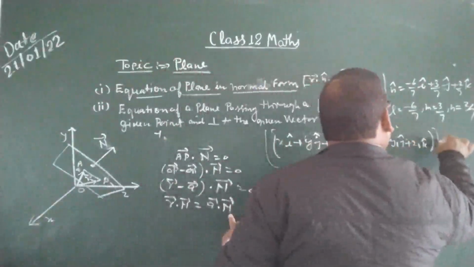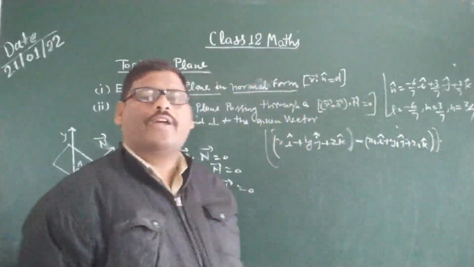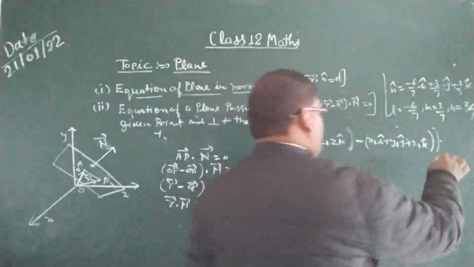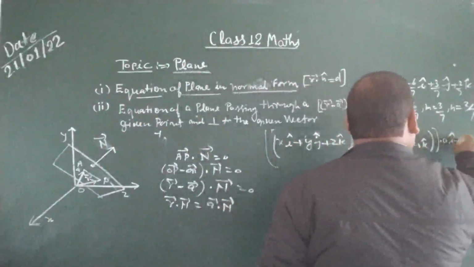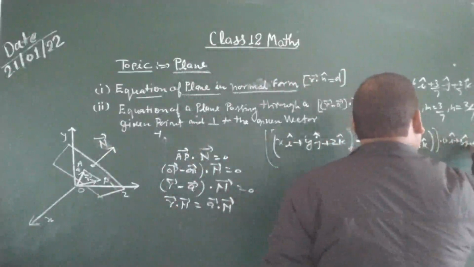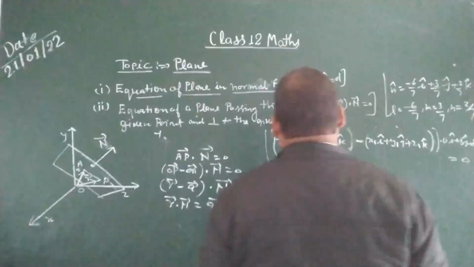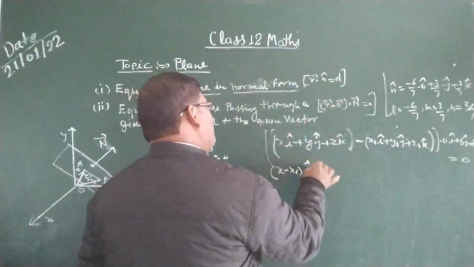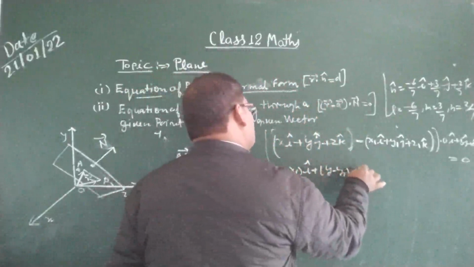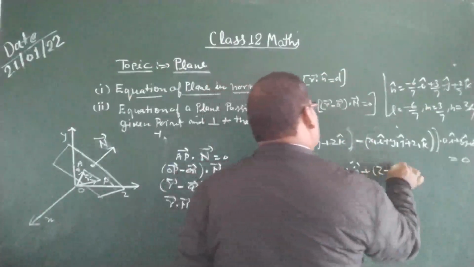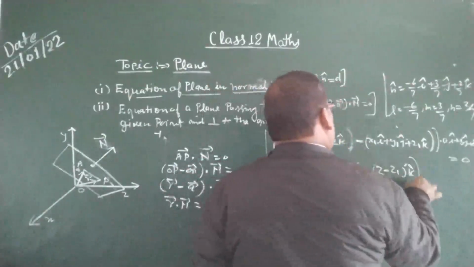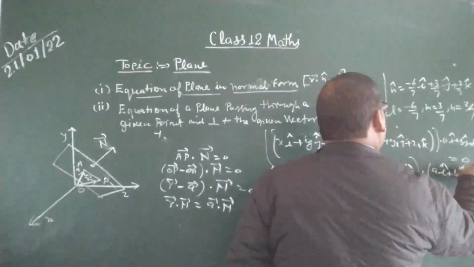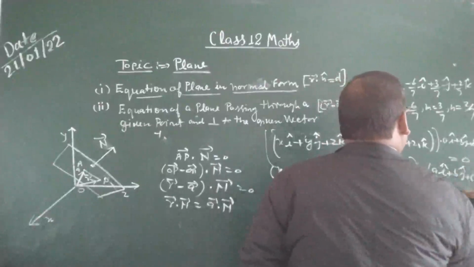dot product vector n, as you know that the direction ratios of the given vector are a, b, c, therefore n will be a i cap plus b j cap plus c k cap, is equal to 0. This implies we can write (x minus x1) i cap plus (y minus y1) j cap plus (z minus z1) k cap, dot product with a i cap plus b j cap plus c k cap, is equal to 0.